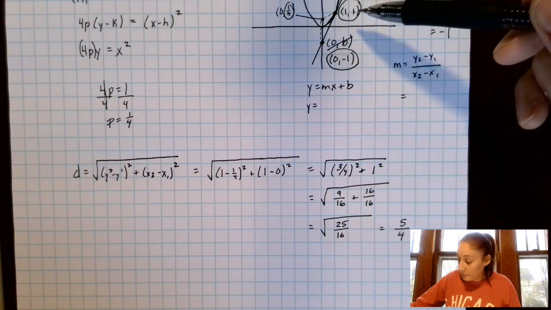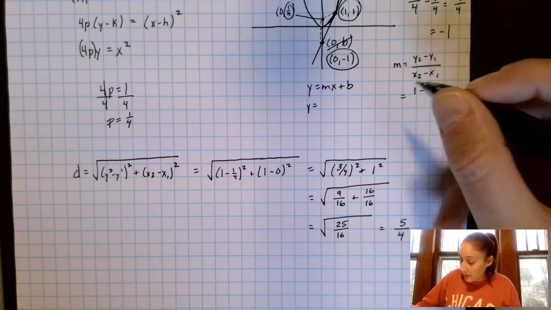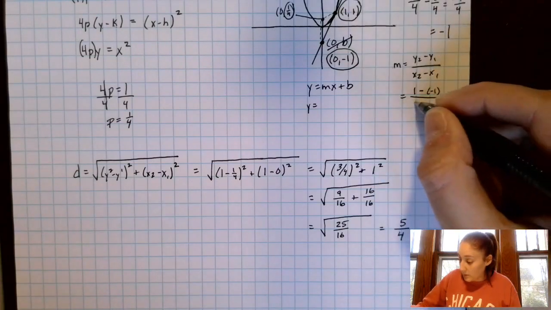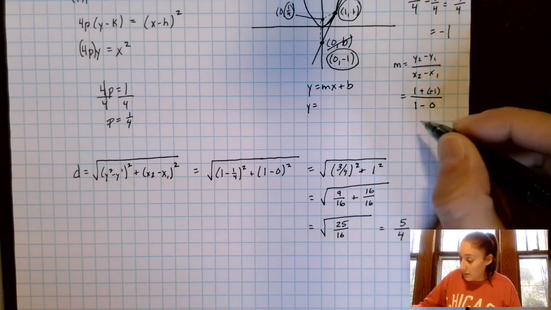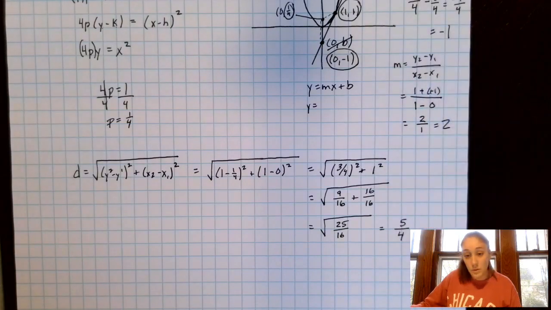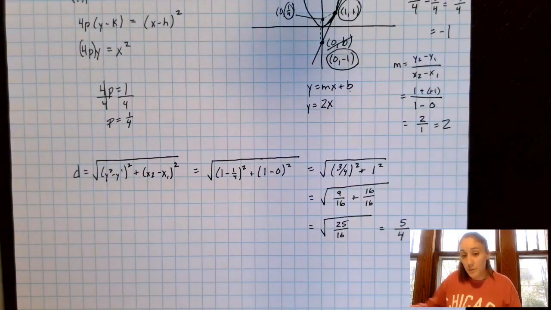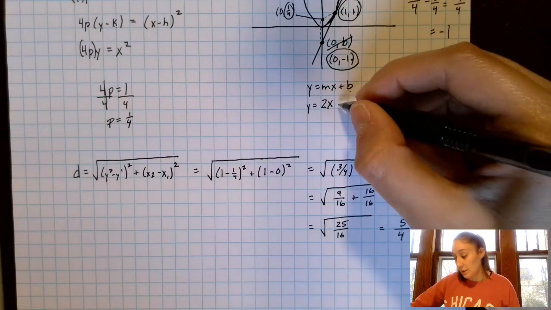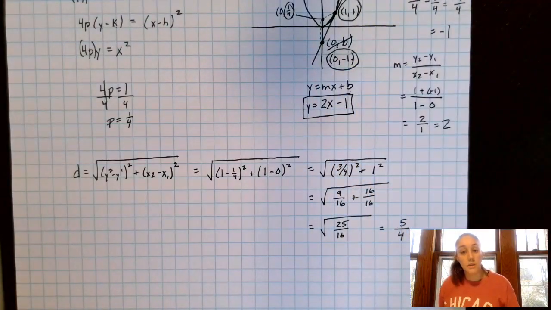So y2 is 1 minus y1, which is -1, all over my x2 minus my x1. So this becomes plus plus, so I have 2 over 1, which is 2. So my slope, m, is 2, and b, I have right here, this is my y-intercept, so b is -1. y equals 2x minus 1.